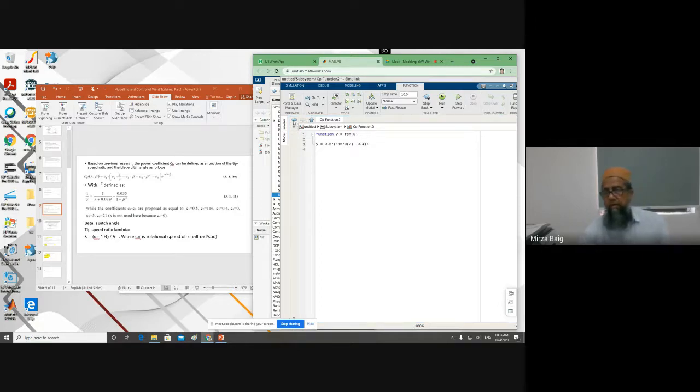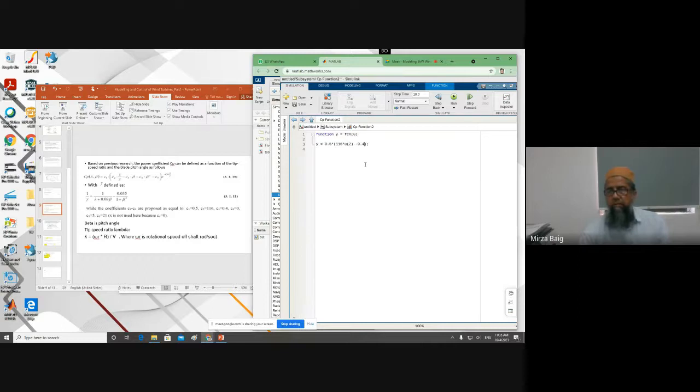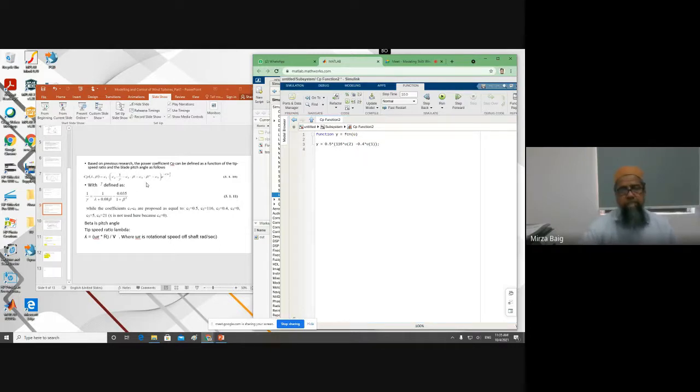Let's see. Beta is U1 here. We go 1. Then we have minus C4. C4 is 0, so this term becomes 0. Then minus C5. C5 is 5.